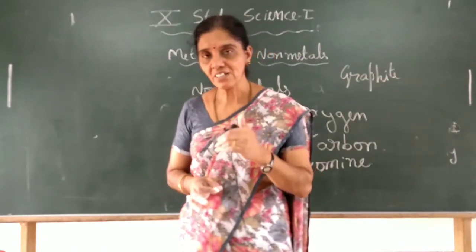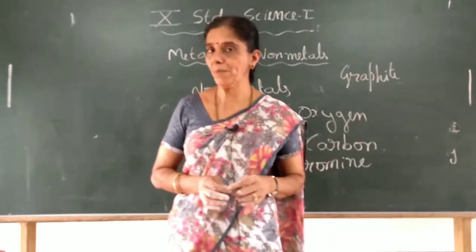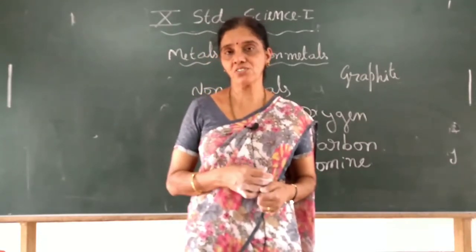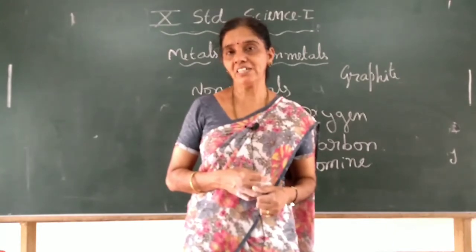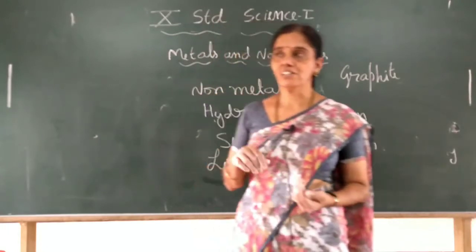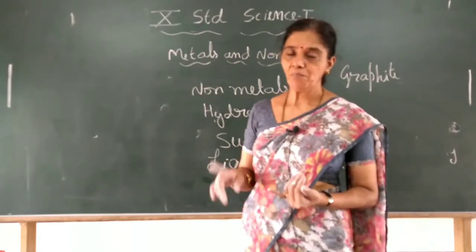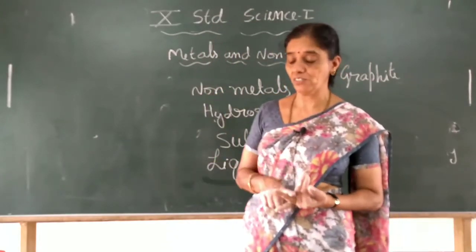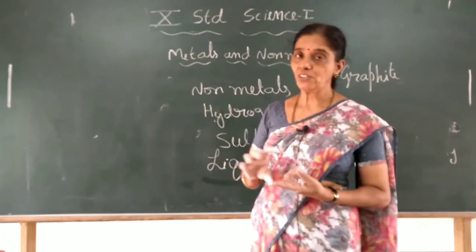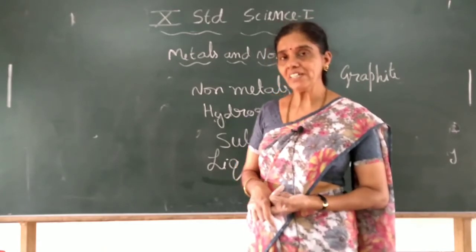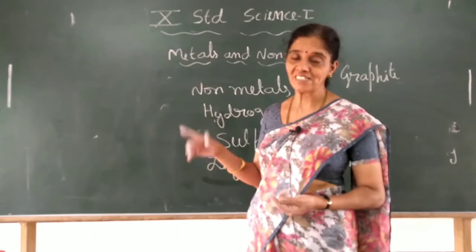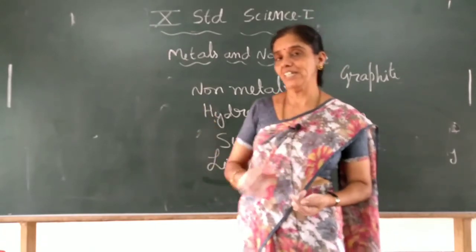But diamond, an allotropic form of carbon, is the hardest substance, and its density is also much more similar to that of metals. Non-metals are not good conductors of heat or electricity. They are neither ductile nor malleable. They don't possess shining nature like metals, but they have one exception.